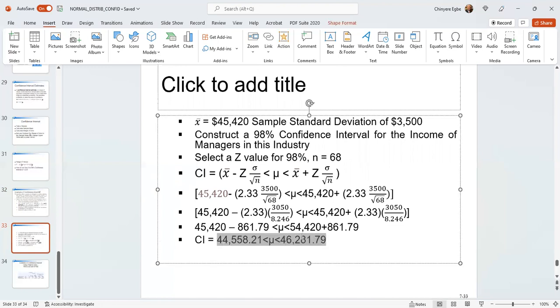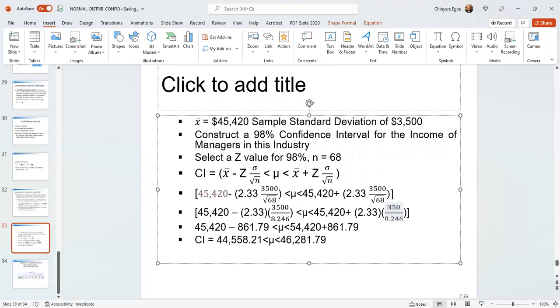We have a 98% confidence that even though we do not know the true population mean, we are 98% confident that it is between 44,558 and 46,281. Okay? Go and check my calculations. If they are wrong, recalculate them, or we can do them right here.